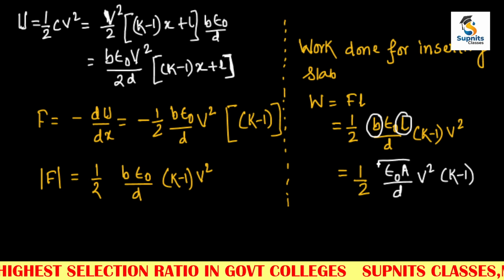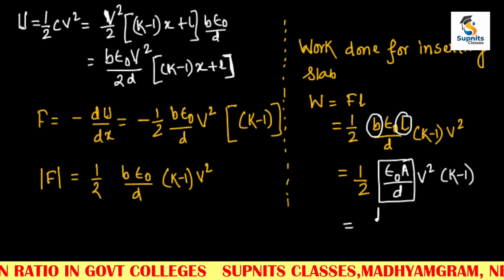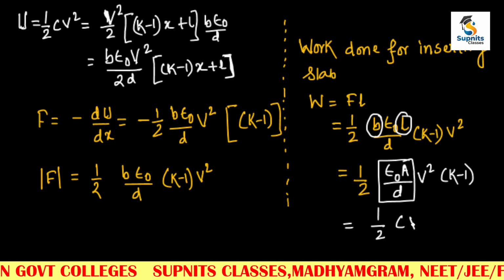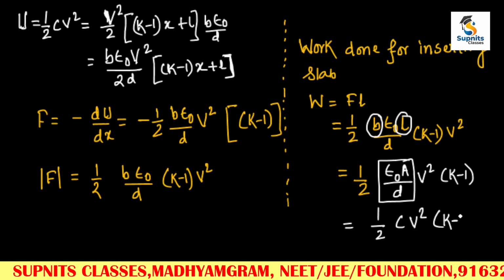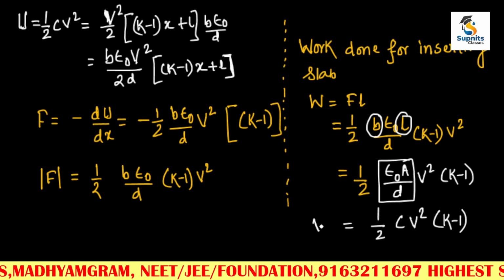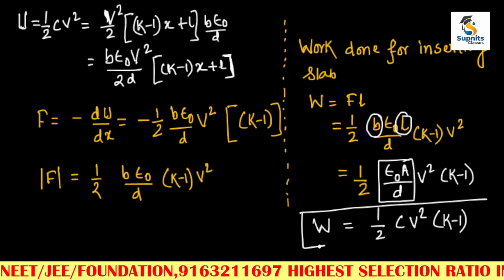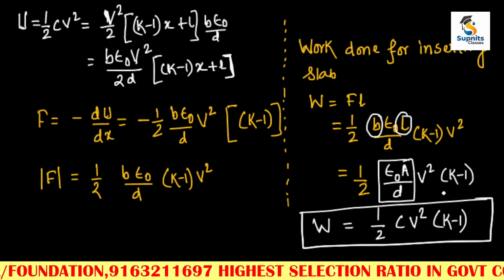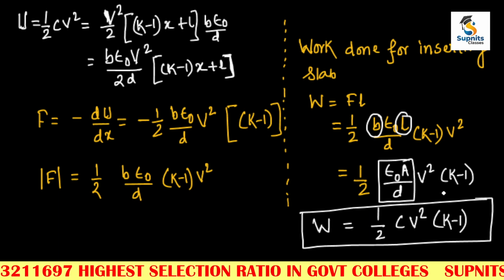Now this formula is very well known to us. It is half C V square (K minus 1). So this is the formula for work done when you have to insert a dielectric into the parallel plate capacitor.